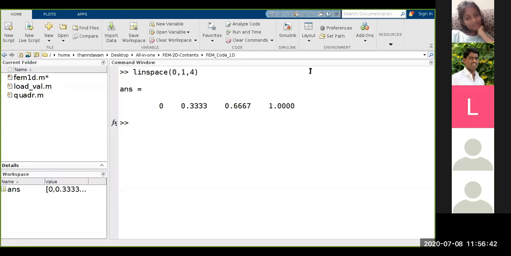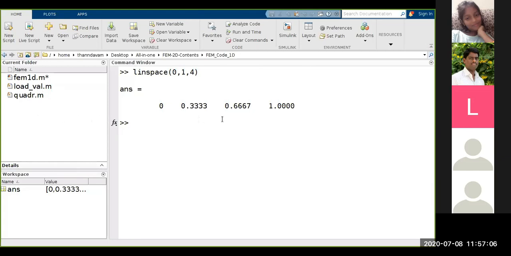The next is the right hand side vector, the global load vector. Again I am saying f equals zeros of m comma 1. Then we need to talk about the local matrix. The local matrix is capital AA, a local 2 by 2 matrix: 1 by h, minus 1 by h, minus 1 by h, 1 by h.